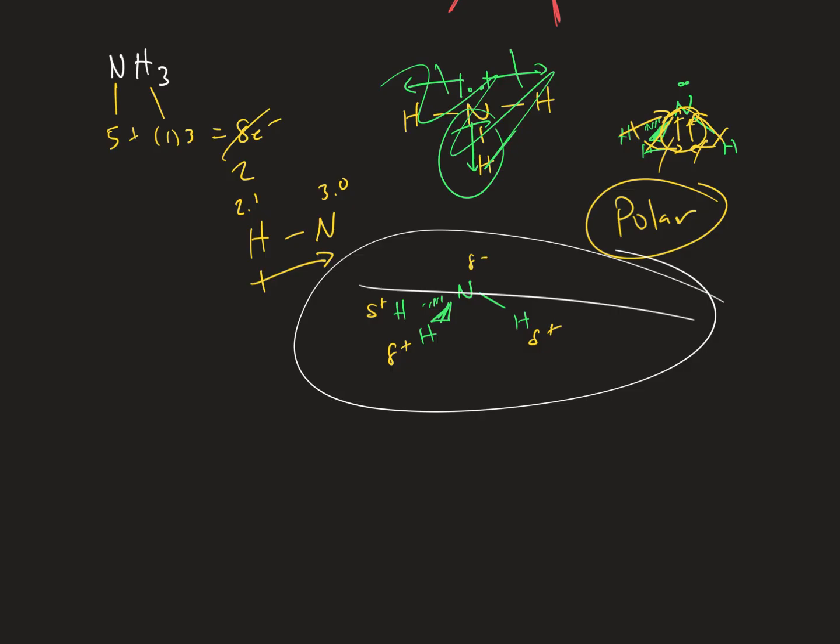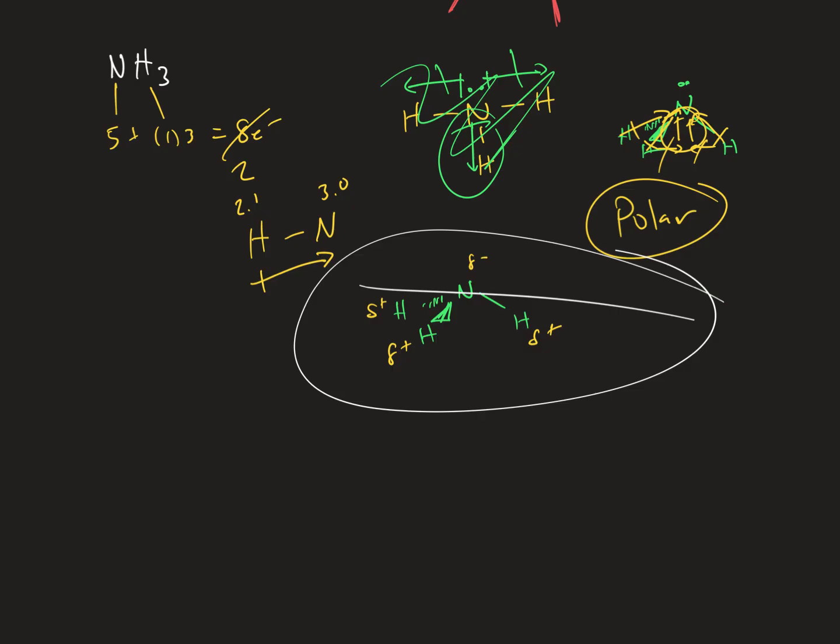Yeah, Rebecca. If the bonds are polar or non-polar, will the geometry, the line test, or whatever, give the same answer, or can it be different? It can be different. So let me make sure I'm understanding your question. If all bonds are polar, does that mean the molecule is polar?